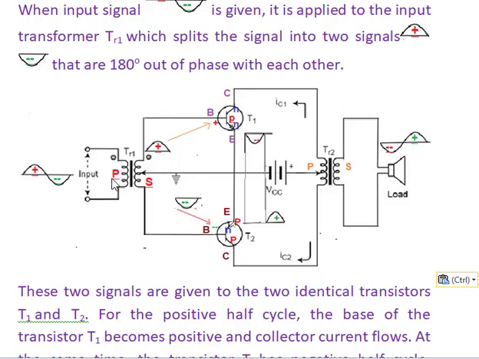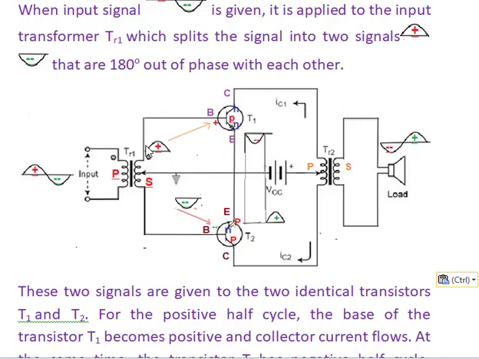This transformer splits the signal into two parts: one is the positive half cycle and the other the negative half cycle. They are 180 degrees out of phase with each other. These two signals are given to transistor T1 and transistor T2.